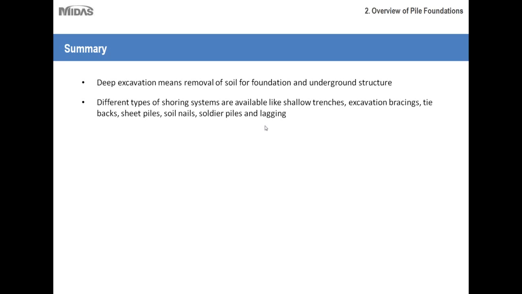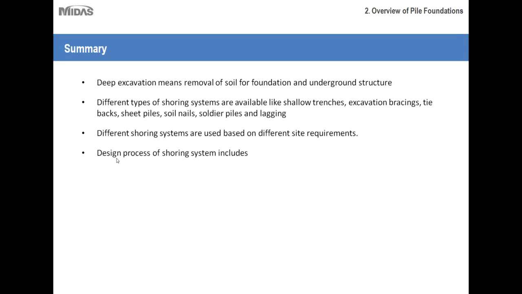Naturally, shallow excavations would warrant shallow trenches or excavation bracings, whereas deeper excavations would require bracing systems that are larger in scale, such as tiebacks, soil nails, and soldier piles. Different shoring systems are used based on different site requirements, which reiterates what I just said.